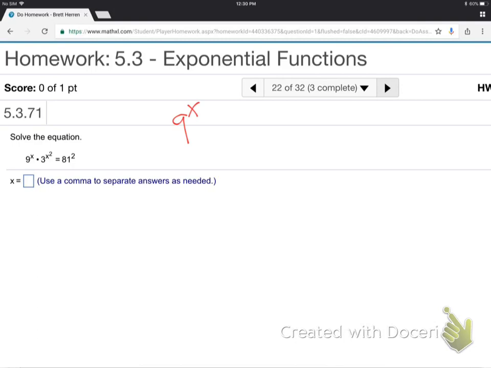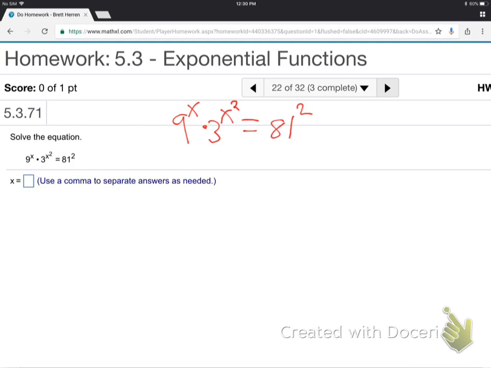So 9 to the x times 3 to the x squared is 81 squared. Okay, you've got to basically make all those out of 3. You've got to make all those into 3 to something. Take that 81 on your calculator and find out how many 3s. You just go 3 times 3 times 3 times 3, you get 81. 9 times 9.